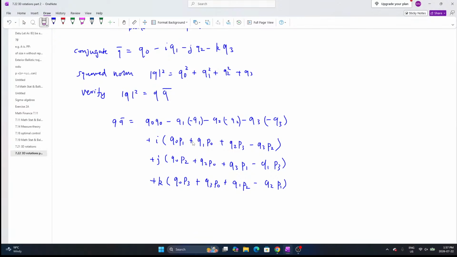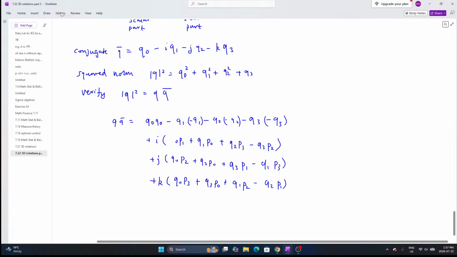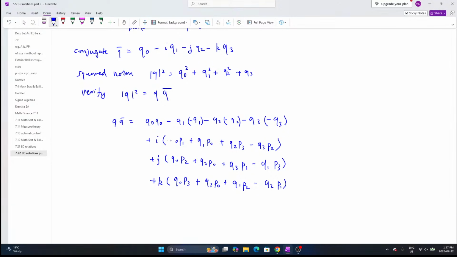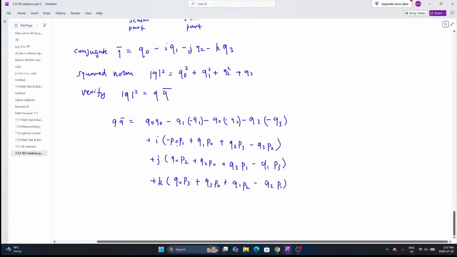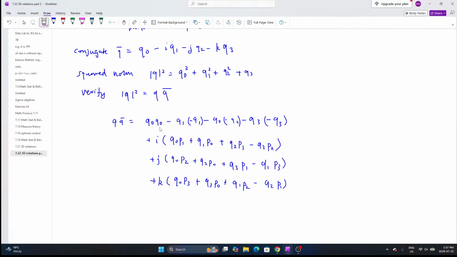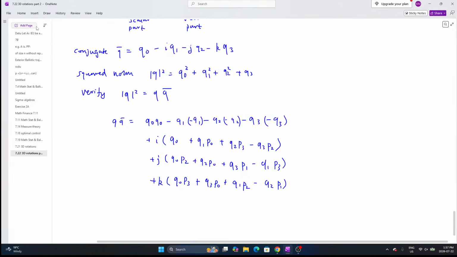All right, so here, now you see how things cancel out. Because Q0 is just minus P0. Sorry, that's not what I mean. P1 is minus Q1 here. And P0 is just Q0.